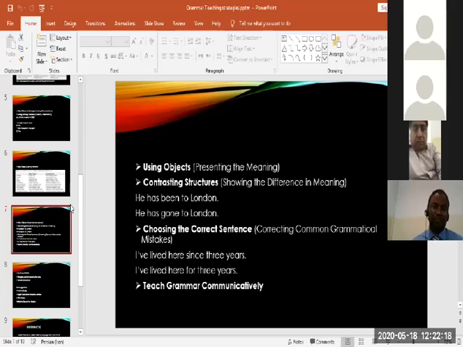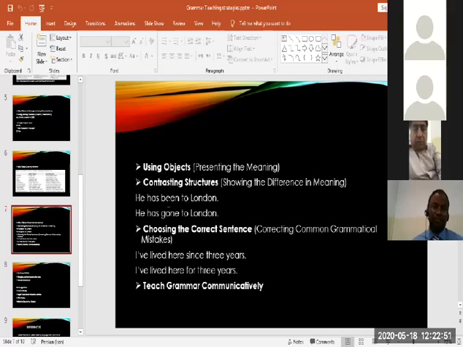Okay. Next comes contrasting structures or showing the difference in meaning. You give two sentences, and students simply have to tell you the difference. They can work in groups or pairs. They can discuss the difference, and they can give you their ideas. In this way, their consciousness is raised about the grammar.